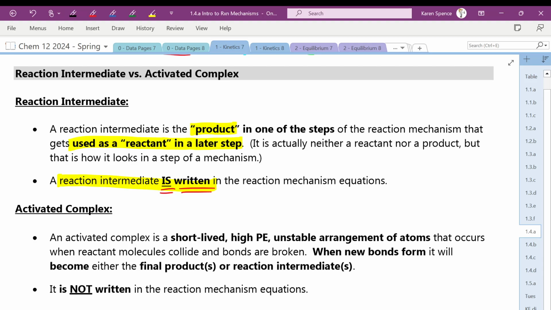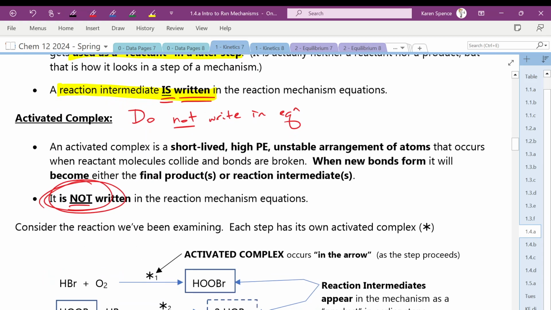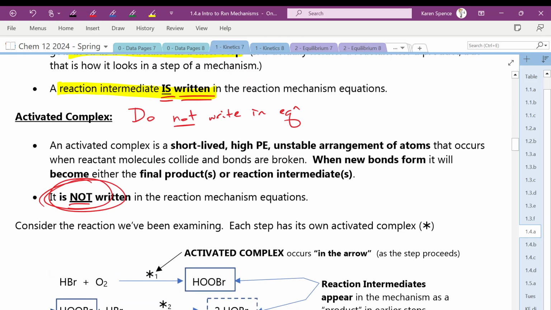We do not write them in the reaction mechanism equation. So we write it. Do not write it. And the reason for that is, where does the activated complex occur?